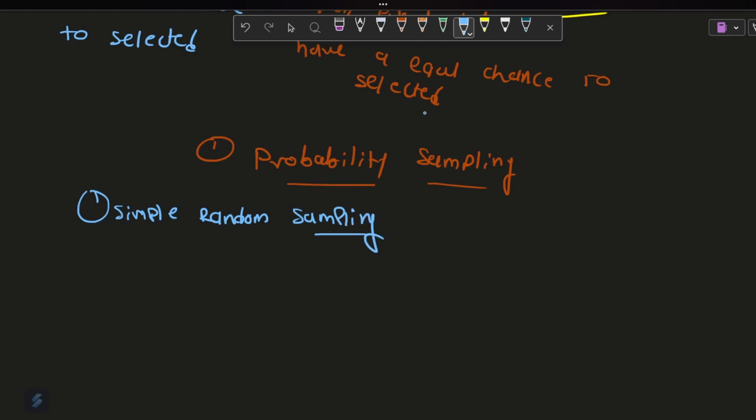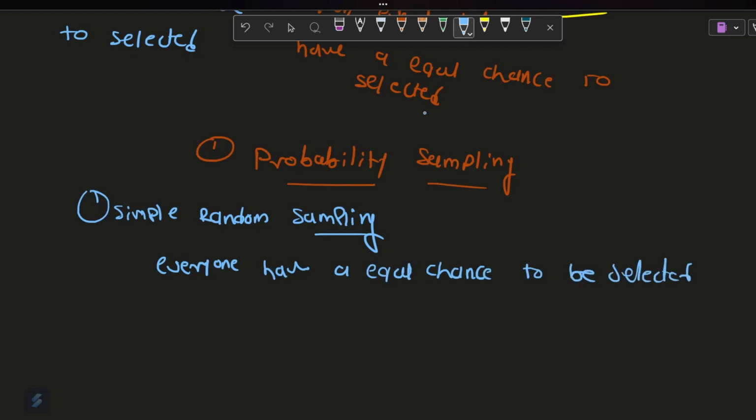What is simple random sampling? In simple terms, everyone has an equal chance to be selected. It could be anyone, right? Let's understand with one example.